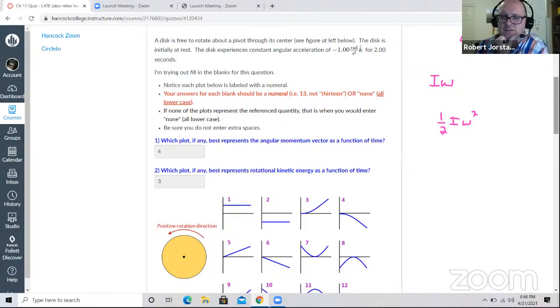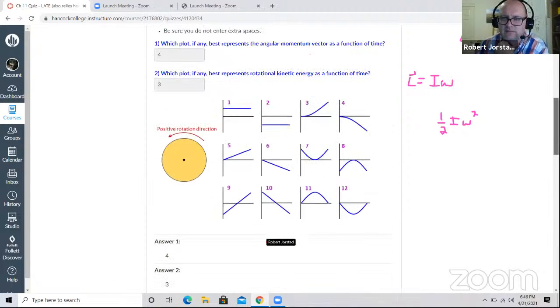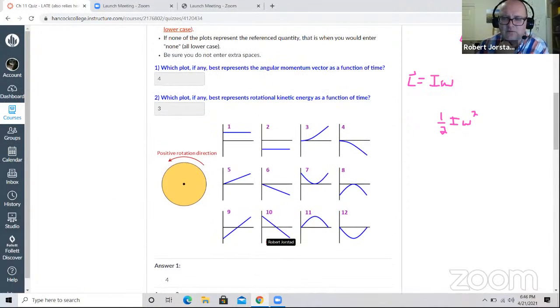And so this one is going to have a I omega is a vector, and that's where we got to think about the negative slope, right? You got it? So I would see this in this particular case, that's the angular momentum. Do you agree I is just a constant?